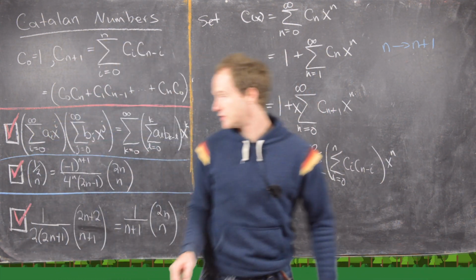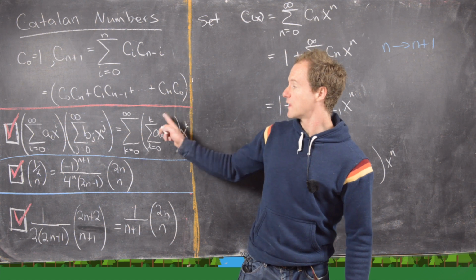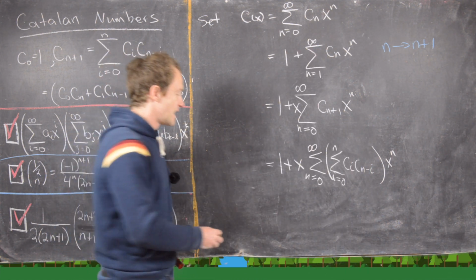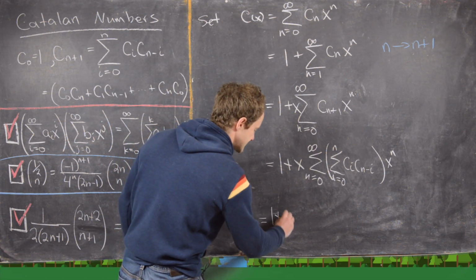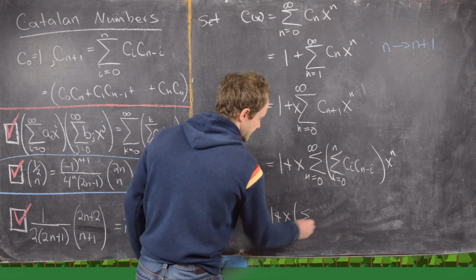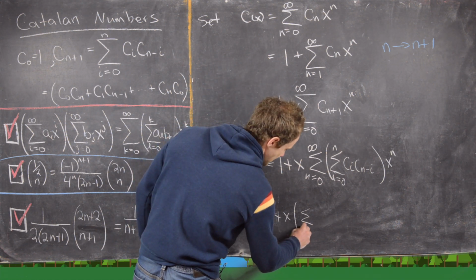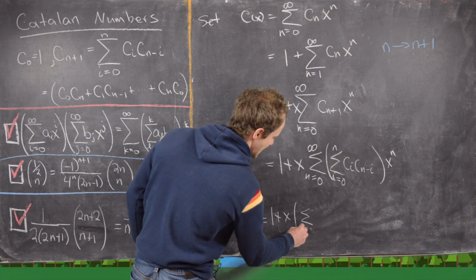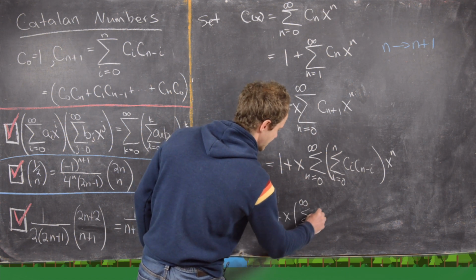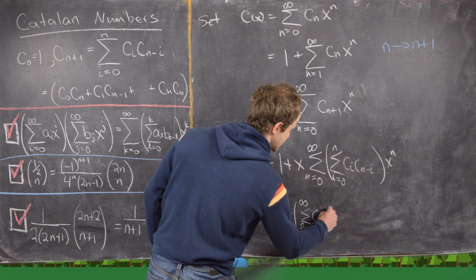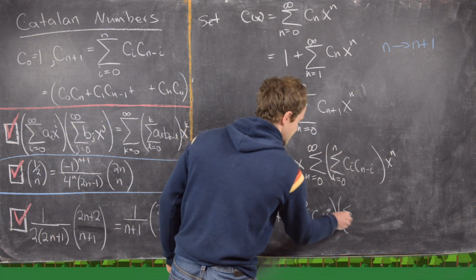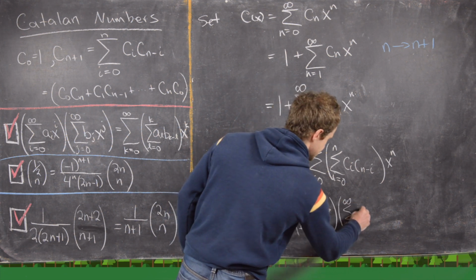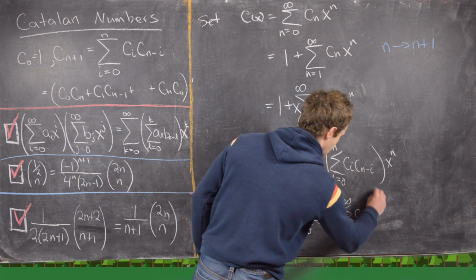But now notice that this looks really similar to something that's happening in our first bullet point, which means that we can write this as 1 plus x times the sum, maybe l equals 0 to infinity of c_l x to the l times the sum m equals 0 to infinity of c_m x to the m.